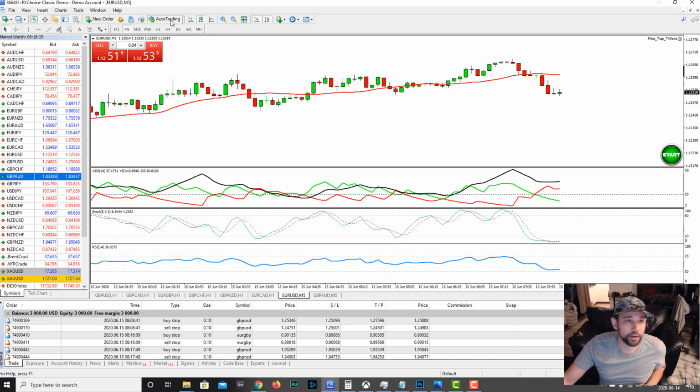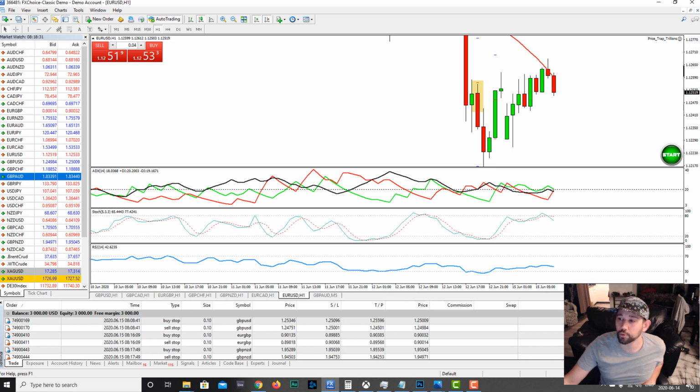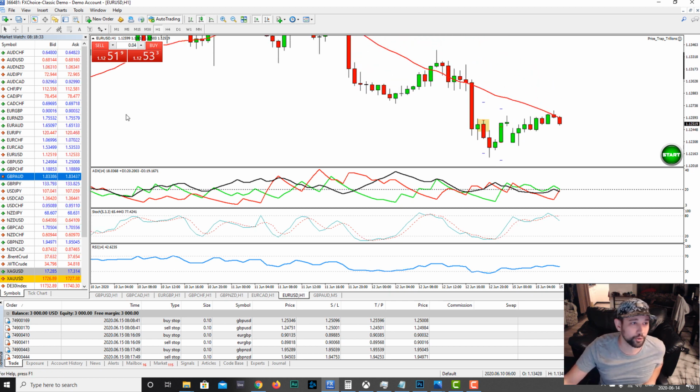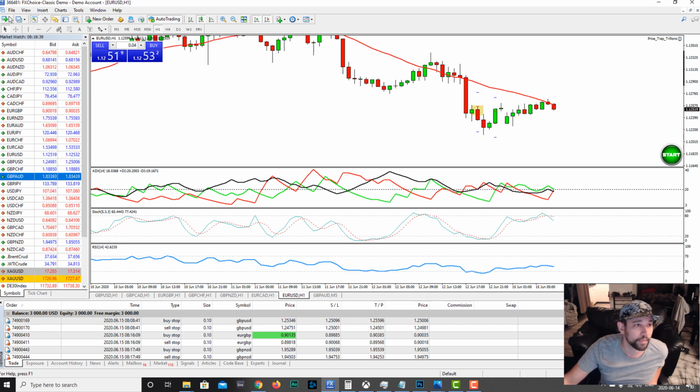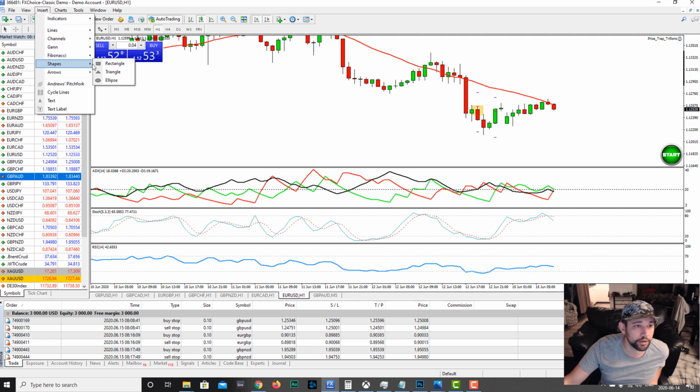So with a 1-to-2 ratio trade where you're risking 25 pips for 50 pips, I'll just break it down on this chart.